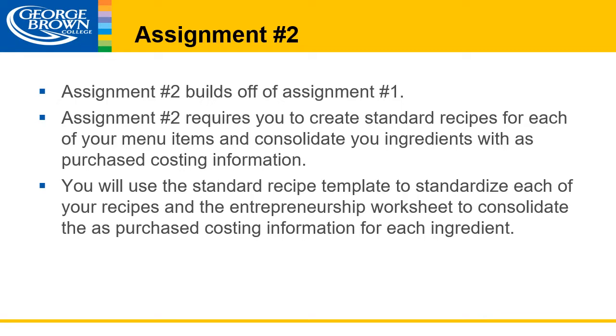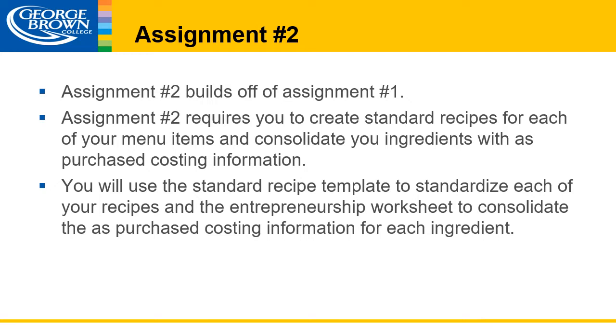So assignment number 2. This is what we're going to be talking about in week 2. Assignment number 2 builds off of assignment number 1. It requires you to create standard recipes for each of the menu items and consolidate the ingredients that you're going to be using with costing information.